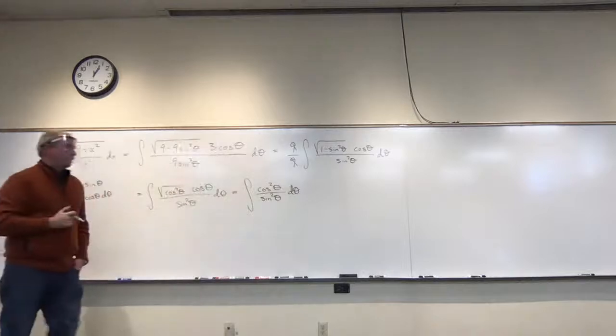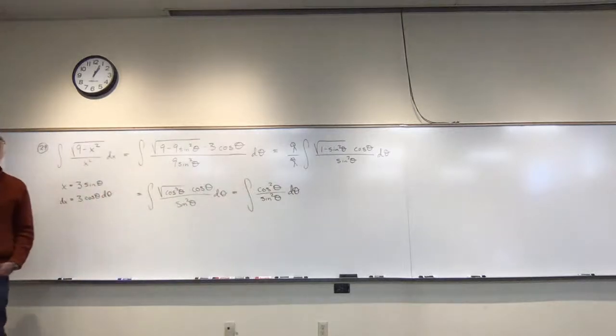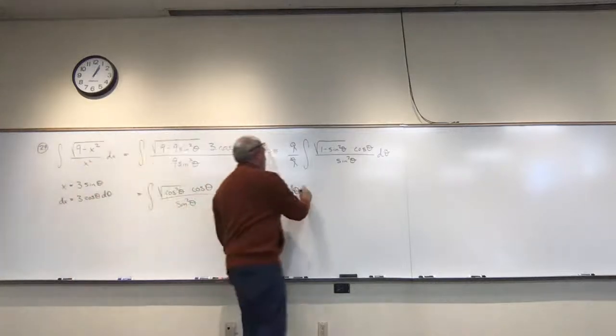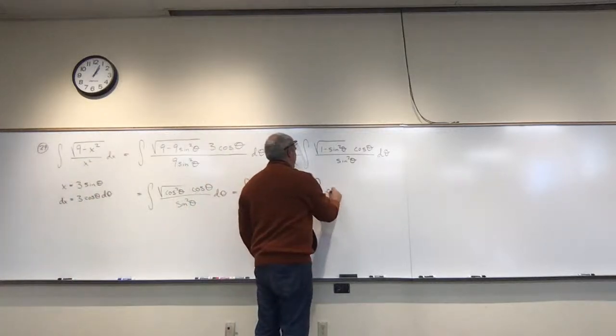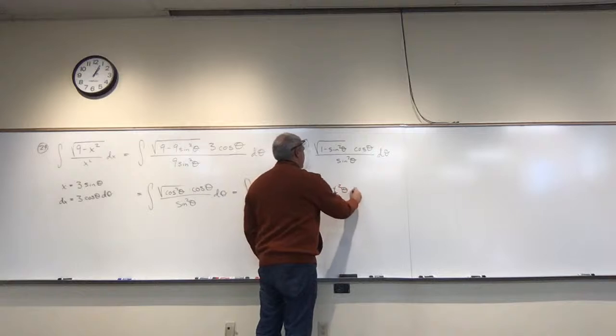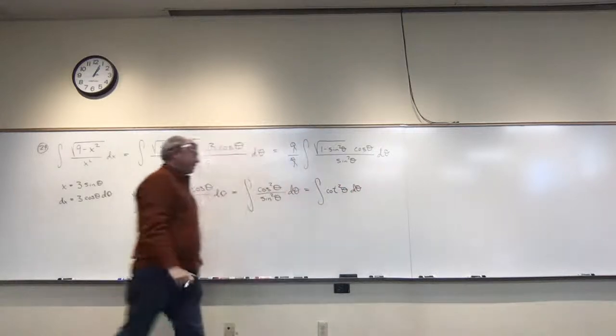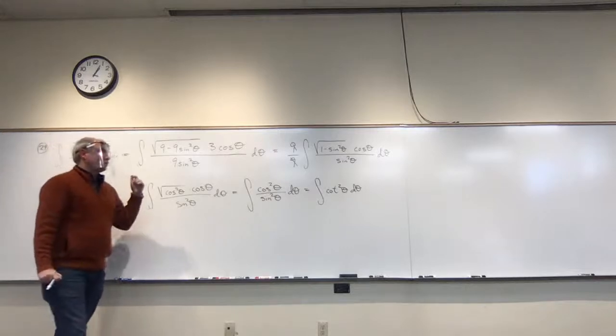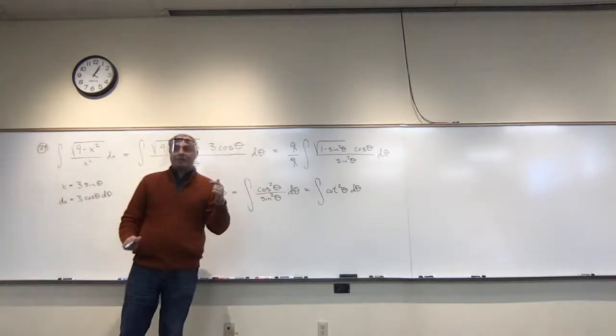But what's cosine of theta divided by sine of theta? Yeah, cotangent of theta. So this is just the antiderivative of cotangent squared theta d theta. Now, whose derivative is cotangent squared of theta?